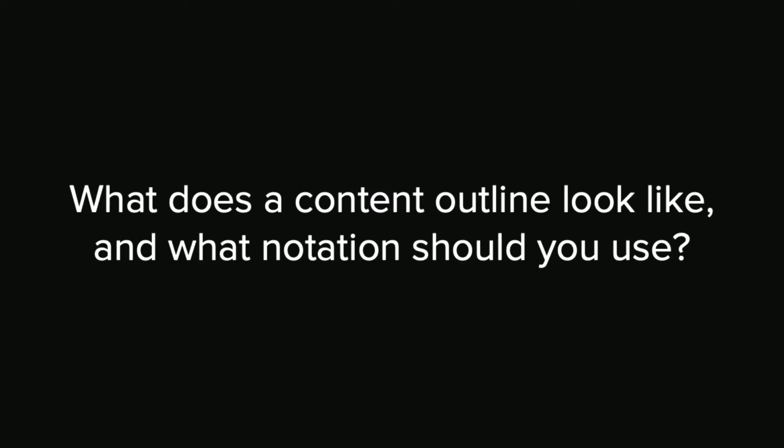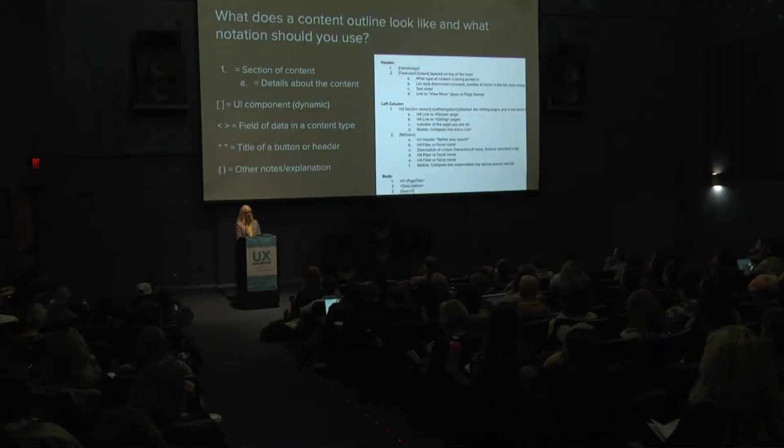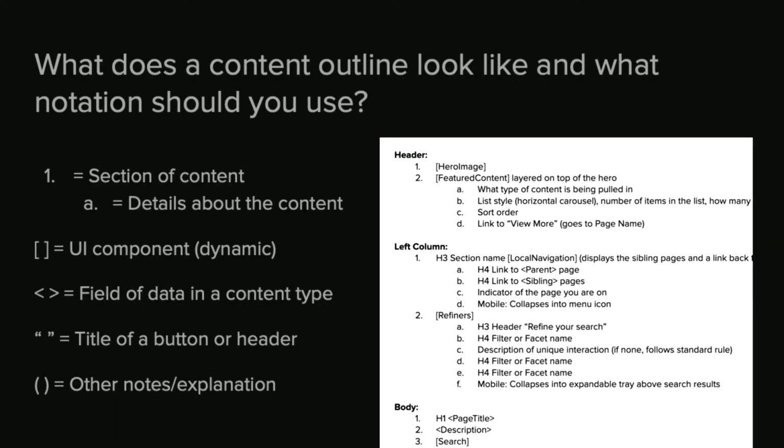So we've talked about all the different inputs for a content outline. So now let's look at how they all come together on a page. Here's an example of a content outline template that I use, and also the notation. So I use numbers to divide out each piece of content, each with its own number, and then letters to describe elements about that component.